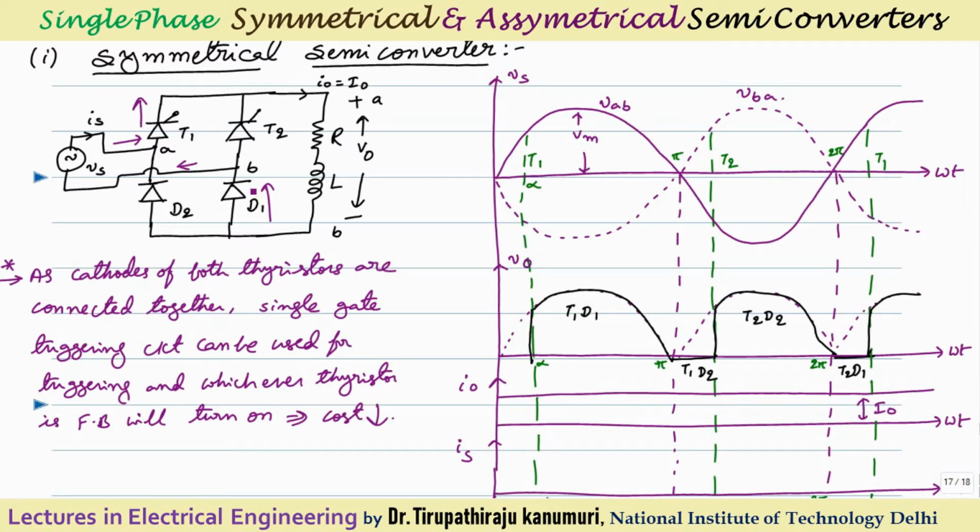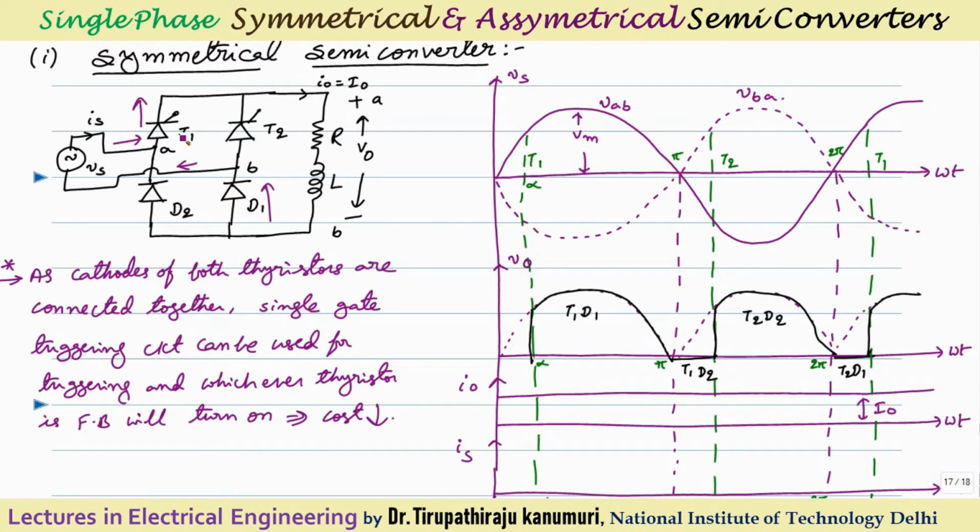Now diode D2 gets forward biased and it will act as a closed path. I am repeating once again, when B is positive, A is negative, this diode D2 is forward biased and diode D1 is reverse biased. Now the current will transfer from D1 to D2. Thyristor T1 will continue to run because the inductor will not allow a sudden change in current.